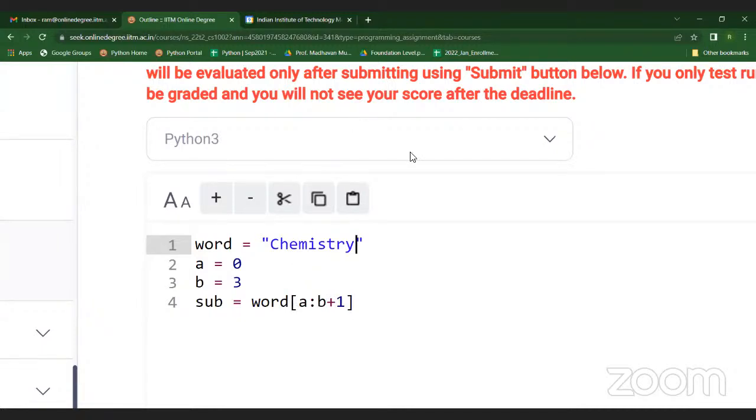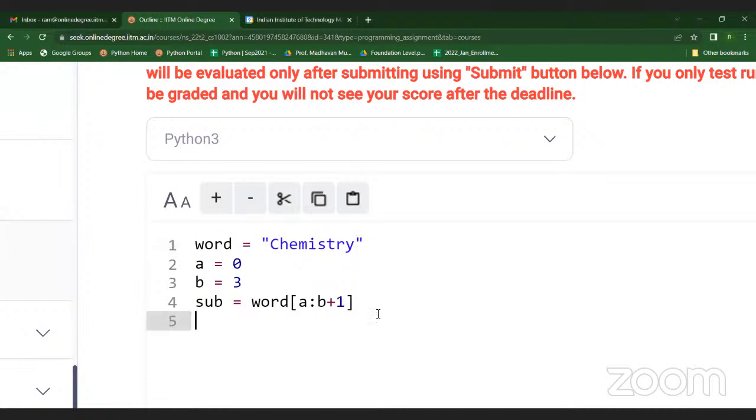Now we can only add chem to chem, right? So if I add it 2 times, the length will be 8. 8 is still less than 9. If I add one more chem, that is chem plus chem plus chem, then that gives me the length of 12, right? So now 12 is greater than 9.